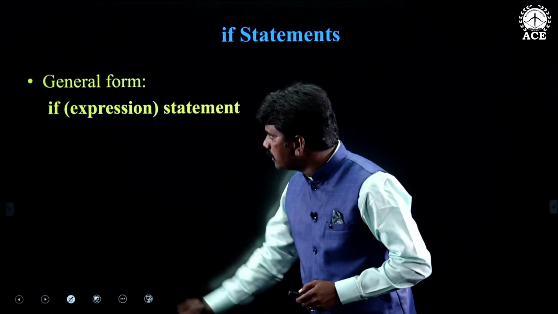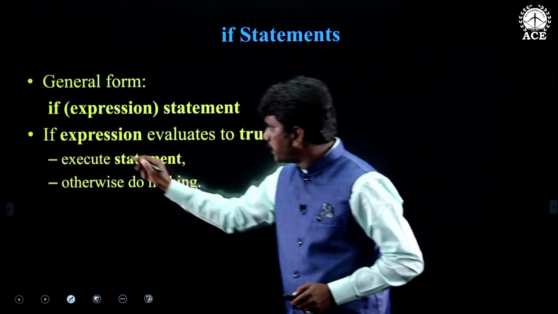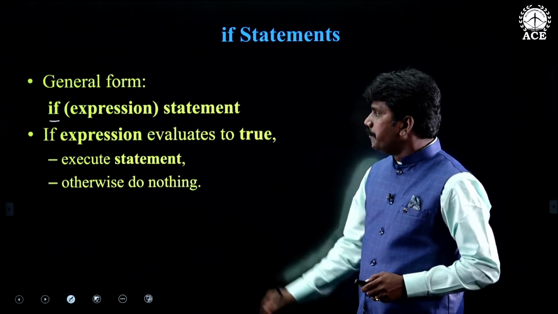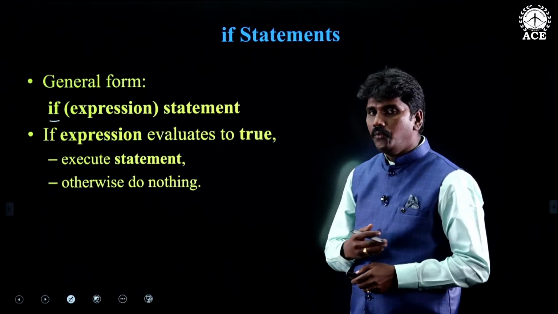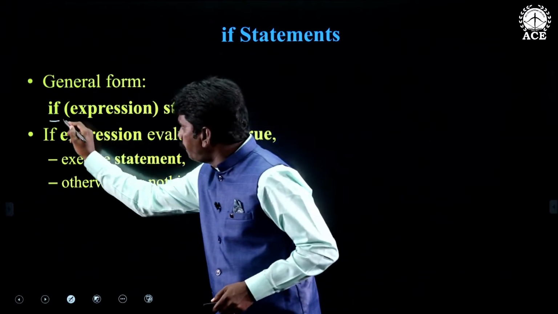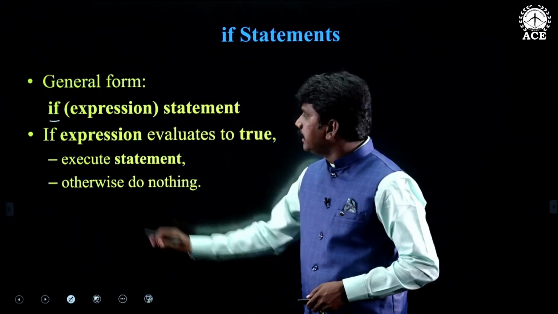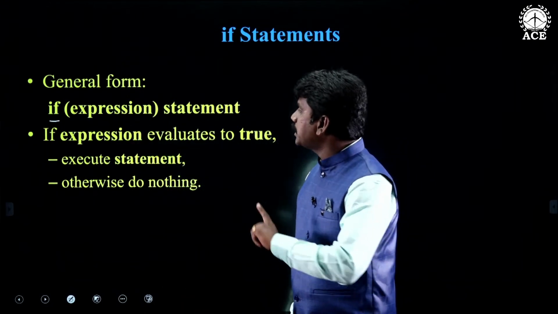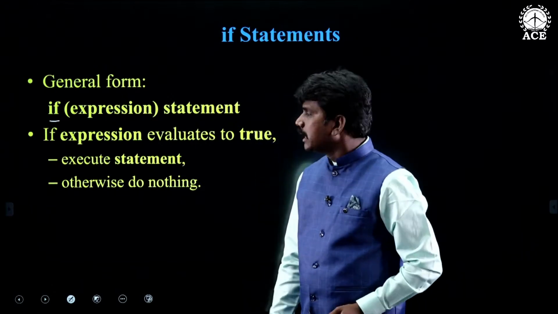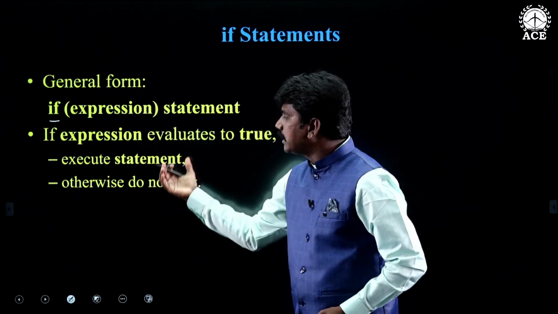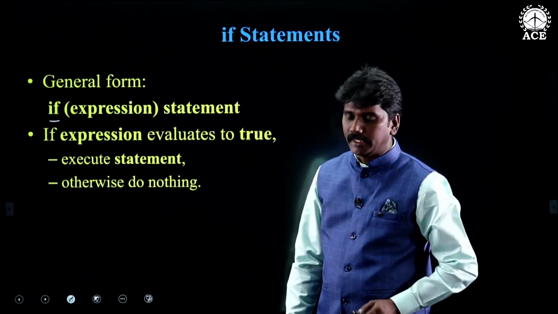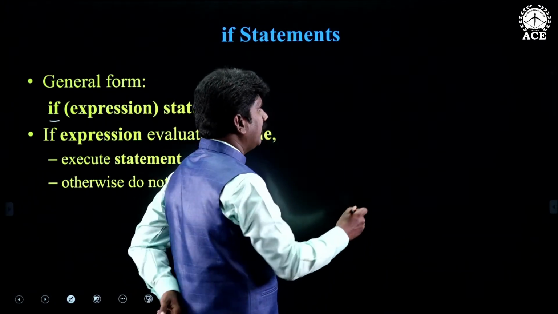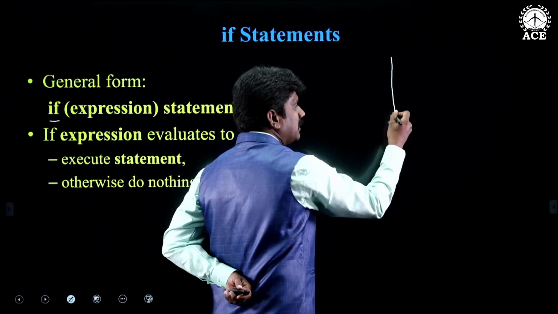So here, if expression statement means, first, if is the keyword, and then we are having one expression. Here the expression is the condition. If that condition is true, then the statements inside that will be executed. Let us see that for better understanding. Suppose there are some statements.